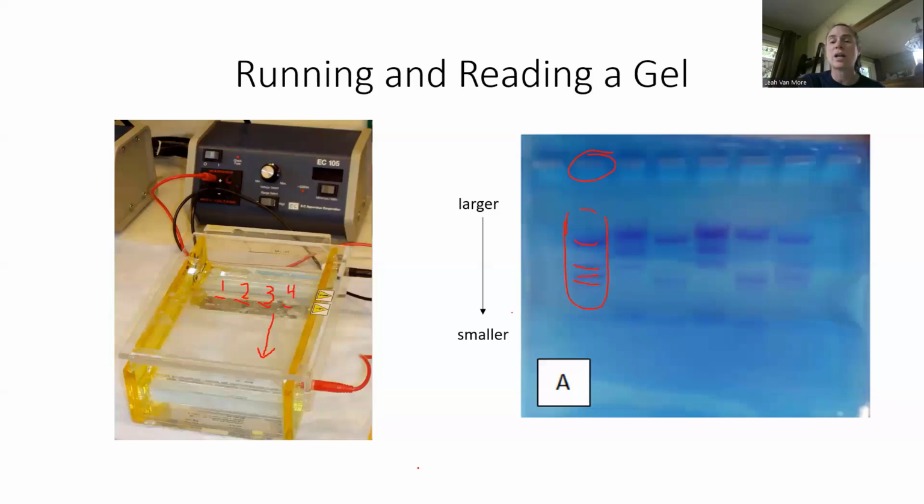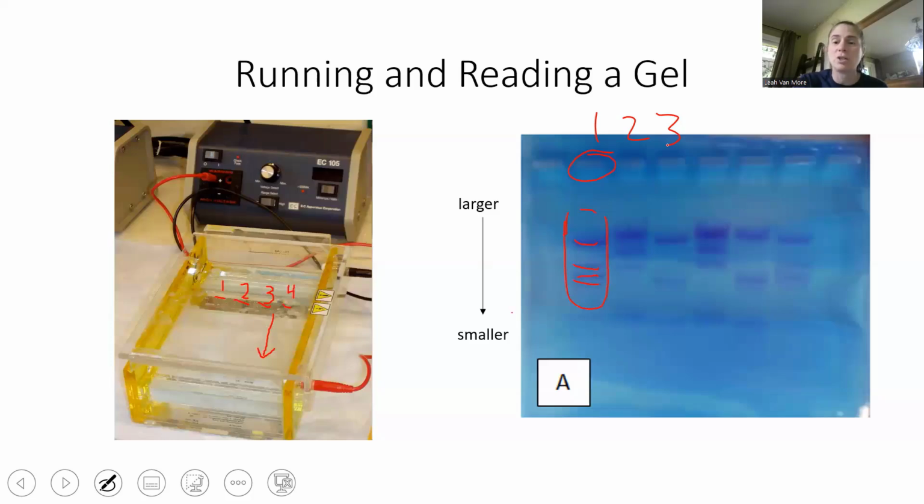So the larger fragments end up staying closer to the wells, and the smaller fragments end up migrating further from the wells, which then means that lanes, so these are the lanes here, the 1, 2, 3, the lanes where the fragments are approximately equal are going to be more closely related.